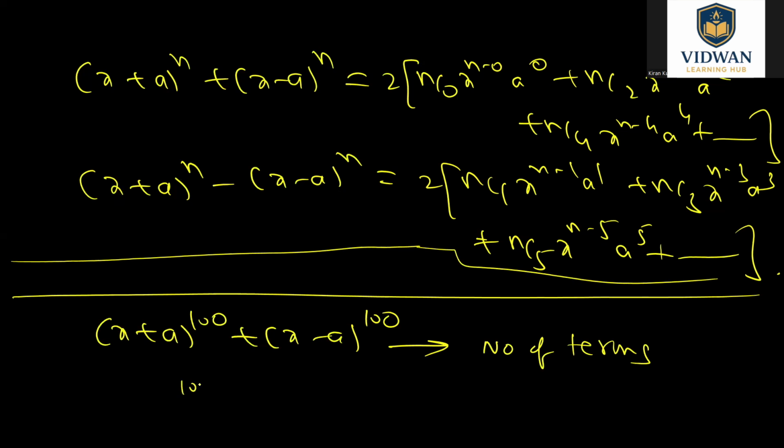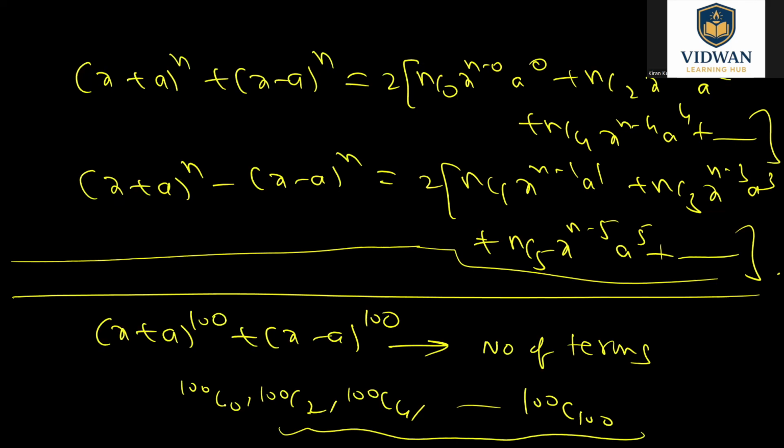When you add, you'll have 100C0, 100C2, 100C4 up to 100C100. From 2 to 100 there are 50, but 100C0 is there, so 51 terms. So the number of terms, if they ask, is 51 terms if there is a plus sign.